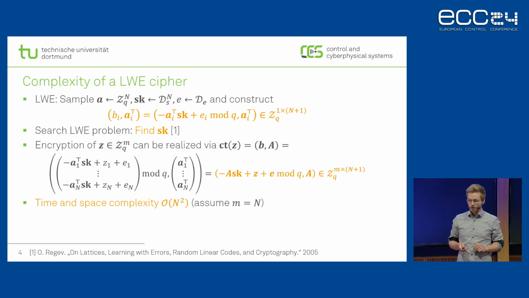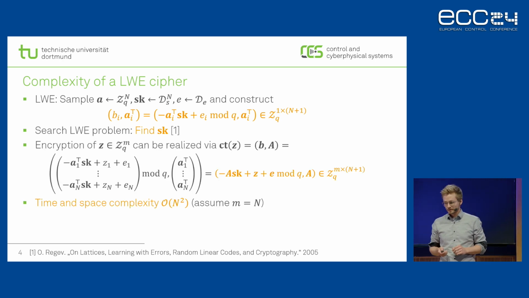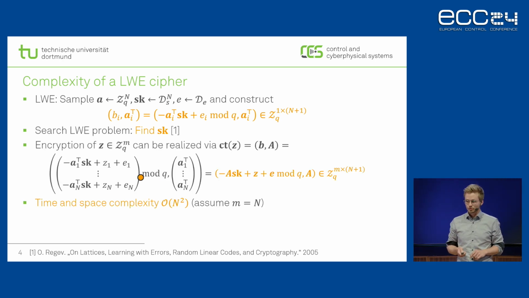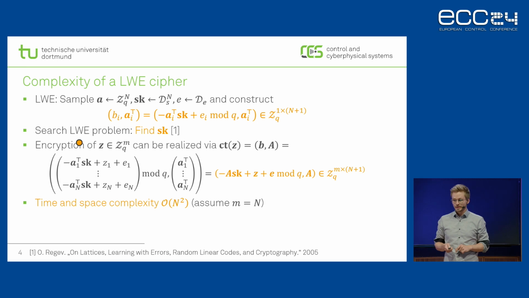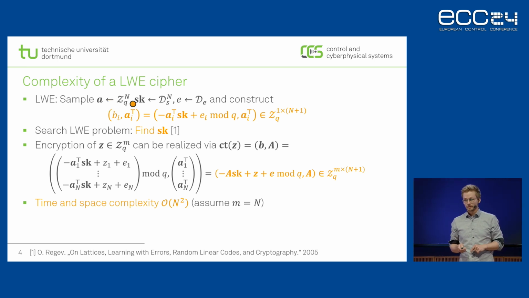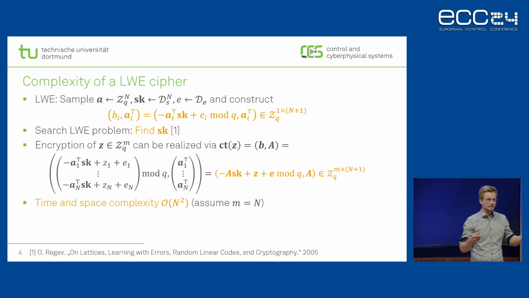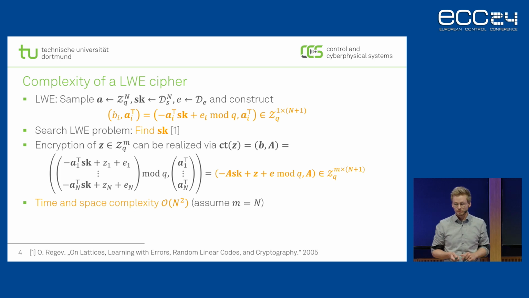All right. And I think Junso already gave us some motivation for using other crypto systems. Here I just wanted to briefly mention the complexity of the LWE cipher. Junso already introduced this, with this left arrow I denote sampling from a set or from a distribution. So the LWE problem was: sample A from this finite set, sample your secret key from a distribution, sample your error from a distribution, and then construct these LWE instances. And the LWE problem is then to find the secret key. This is the problem that gives the hardness in order to construct crypto systems on top of that.